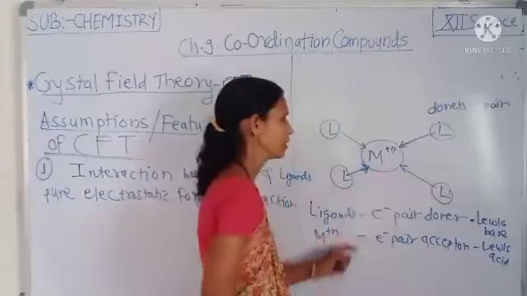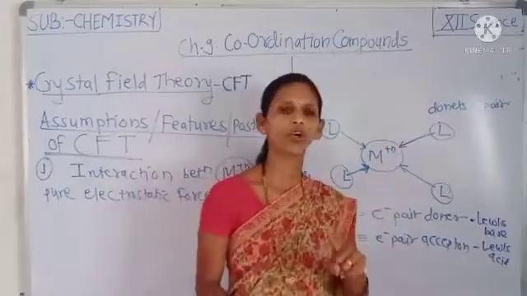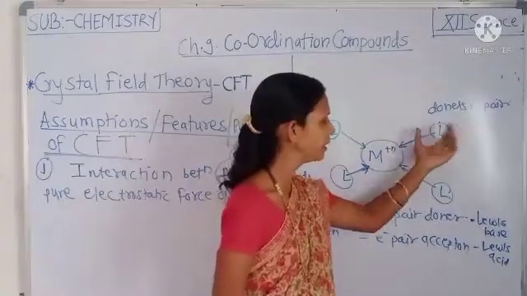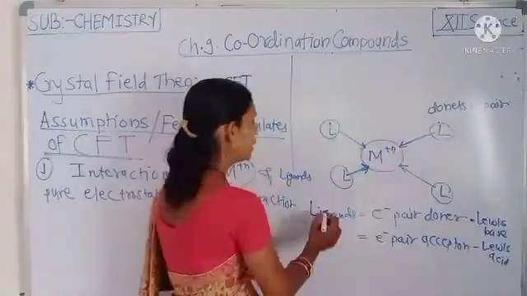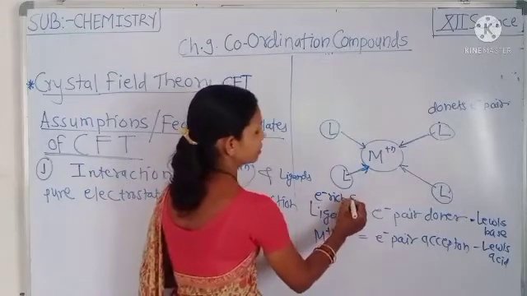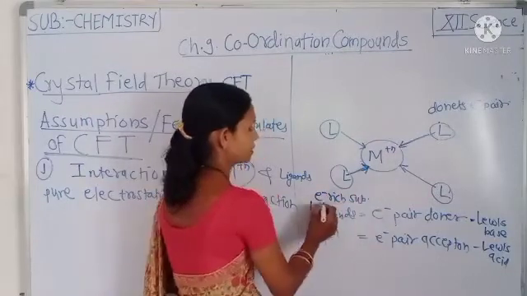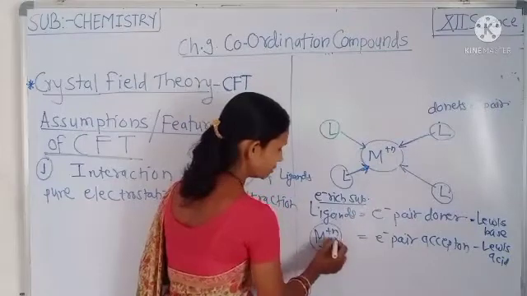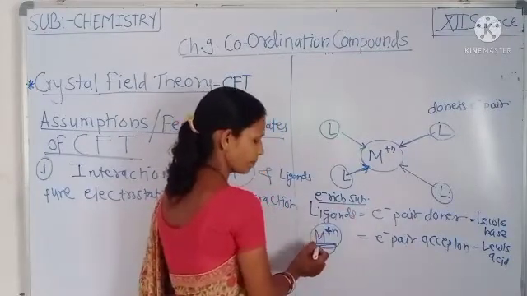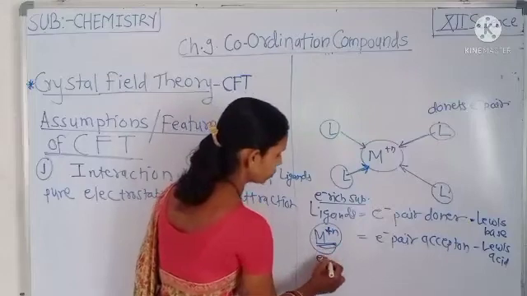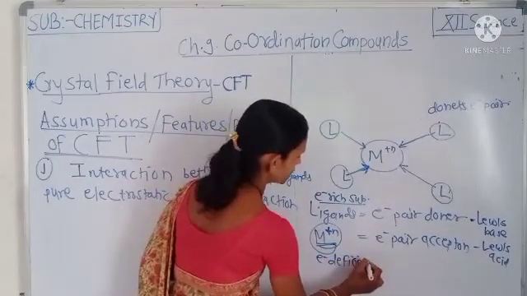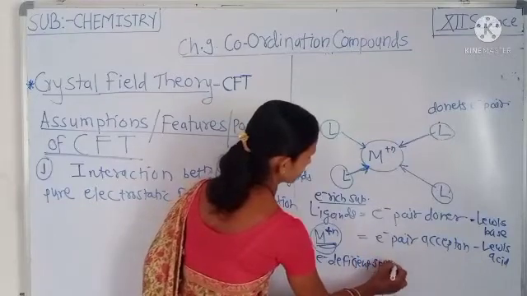That means ionic bond formation takes place between metal ion and ligands, because ligands are electron rich species, while the metal ion, which is in cation form or in atomic form, is an electron deficient species.